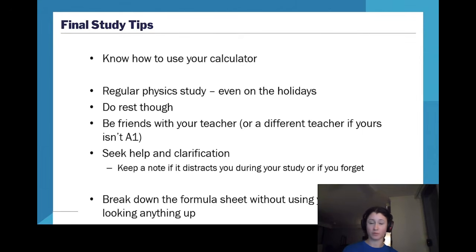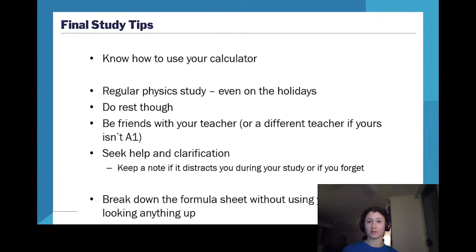It's really difficult to understand the concepts and to feel motivated to study at all. So if your teacher doesn't really gel with you, try to find a different teacher to be friends with, even if it's just somebody that knows a lot about physics, maybe your grandparent or a family friend or something like that.